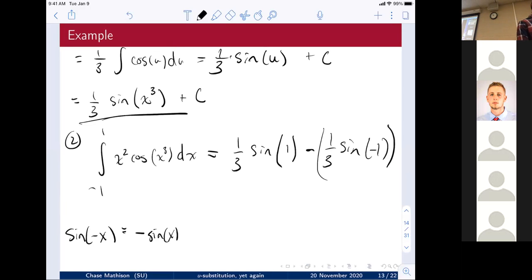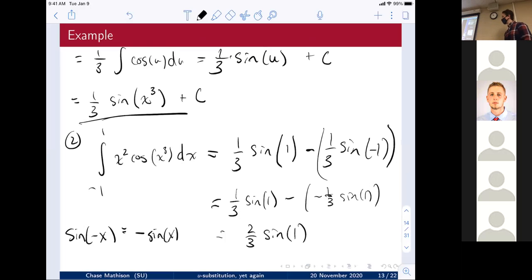Using that fact, this is 1/3 times the sine of 1 minus, well, the -1 can come out in front when it's inside of a sine, so minus 1/3 times the sine of 1. So this is really 1/3 times the sine of 1 plus 1/3 times the sine of 1, which is 2/3 times the sine of 1.